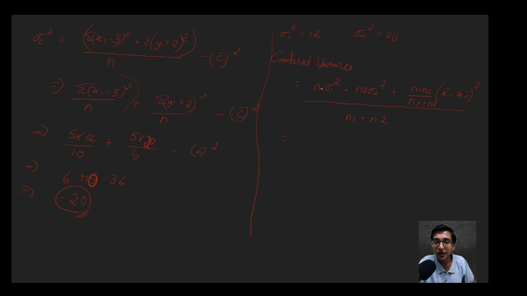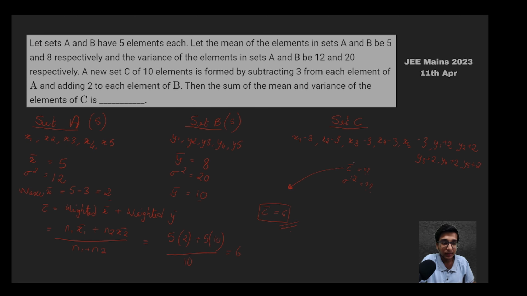So now here you can put down all the values that we've gotten. 5 into 12 plus 5 into 20 plus n1 into n2, 25 by 10 into x1 bar, the new mean was 2, and y bar is 10.